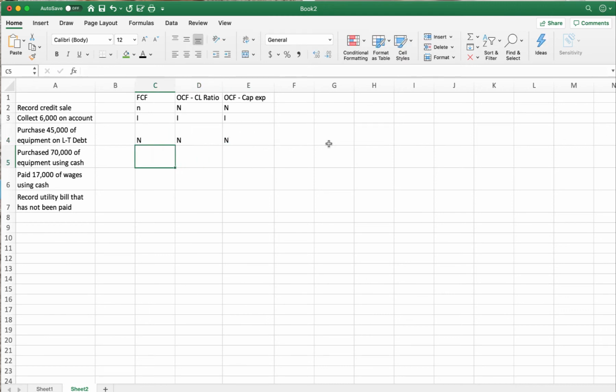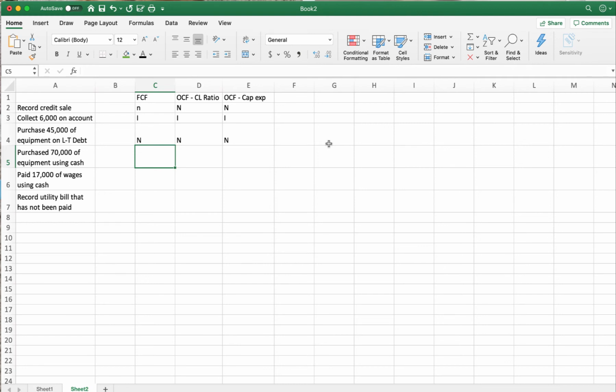Now the next one says purchased $70,000 of equipment on cash. Okay, so let's think about this now. We're using cash to buy equipment, right? That's going to affect free cash flow because think about how we calculate free cash flow.